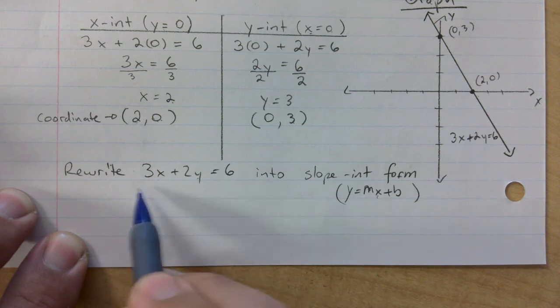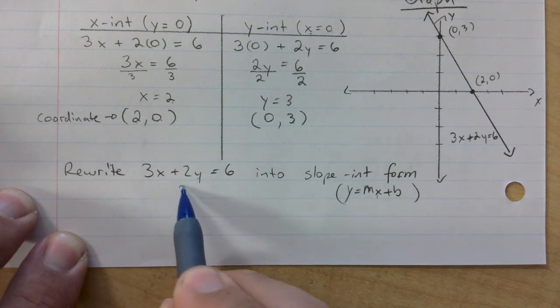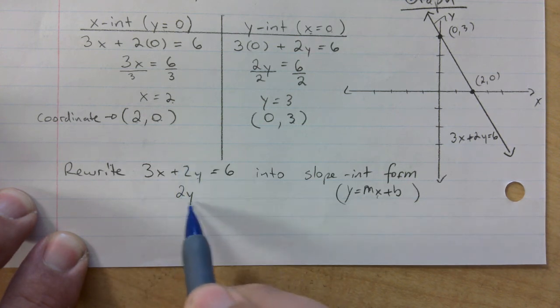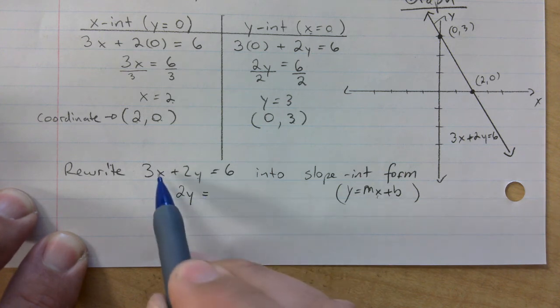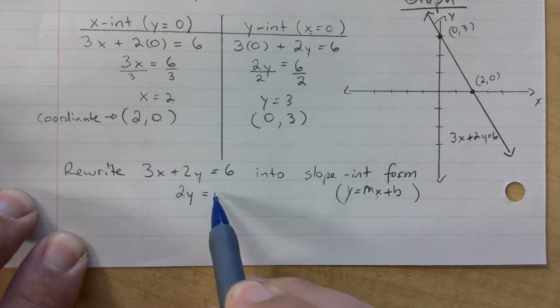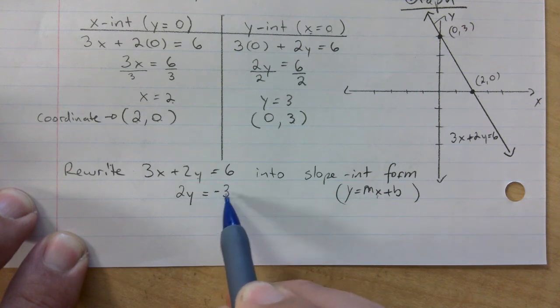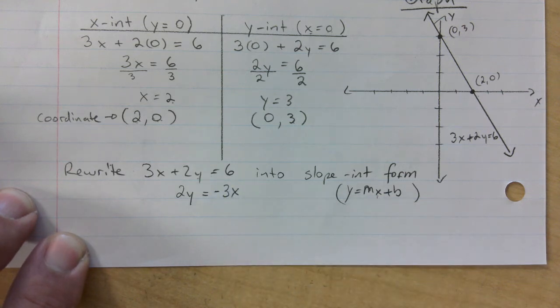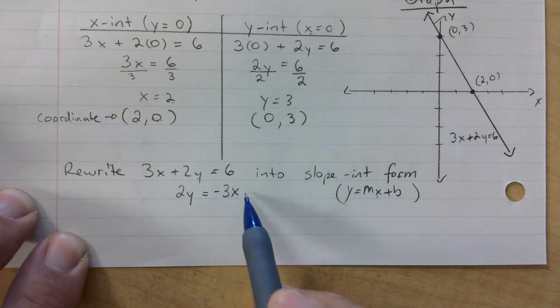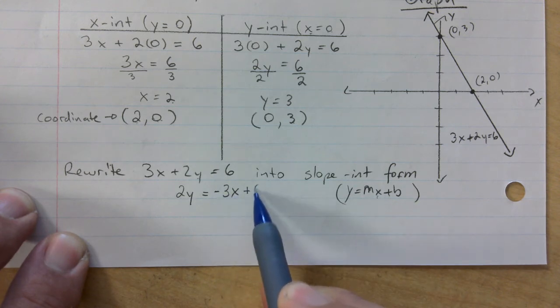So the next line here would be 2y. I'm going to leave 2y right here, is equal to the 3x comes over. It comes over subtracting. Remember that. Common mistake is to just have the 3x up here. It's like, no, it's negative. And the 6 is positive. Okay?